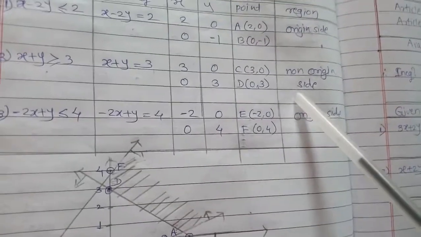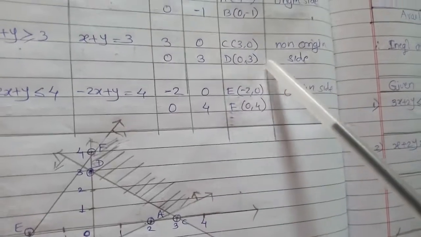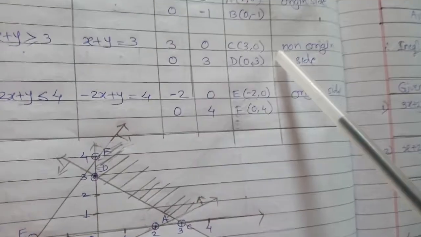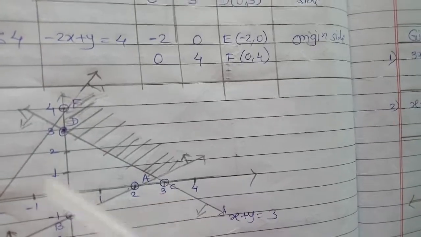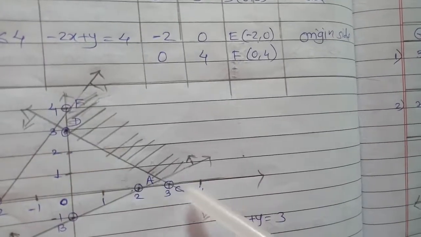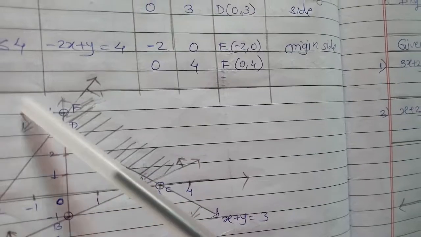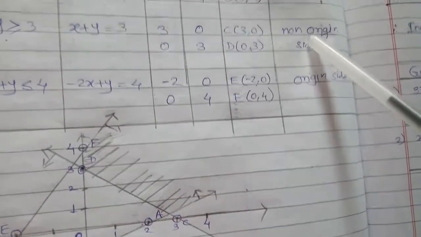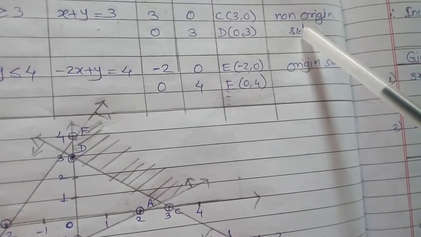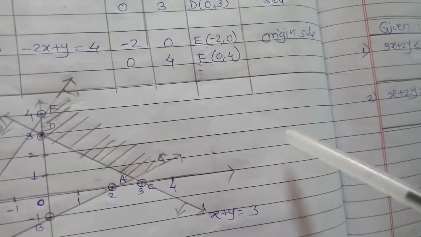After that, the second line, x plus y is equal to 3. We plot these points, C and D: 3 0 and 0 3. So D point is here and C point is here. We draw the line CD like this one. And for this we have to draw the arrows on the non-origin side.